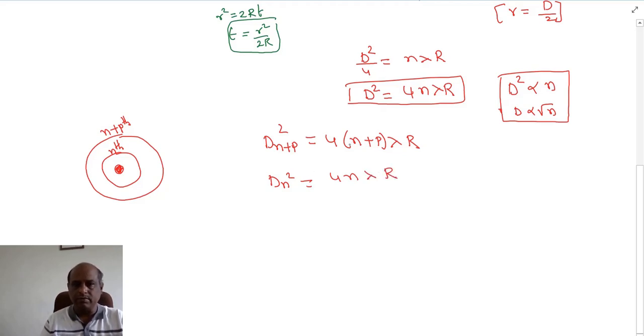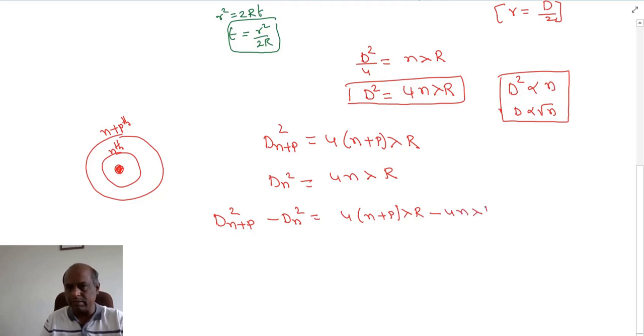So subtracting one from another, D n plus p whole square minus D n square is equal to 4 into n plus p lambda R minus 4n lambda R. So D n plus p whole square minus D n square is equal to 4 lambda R into n plus p minus n.